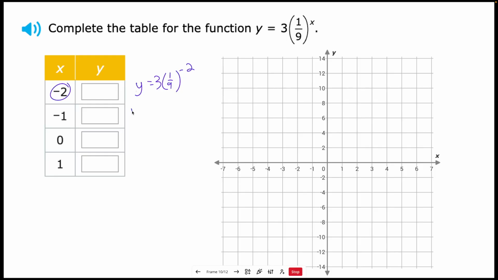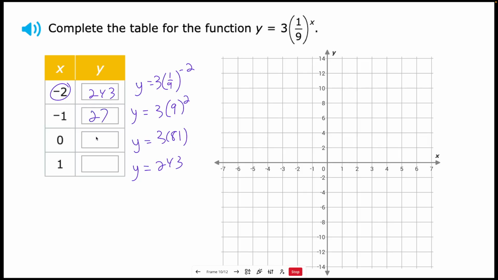So order of operations says that you do exponents first, so this is 3 times 9 squared. So this is y equals 3 times 81, and so y equals 243. Okay? And then you complete the rest of the table.